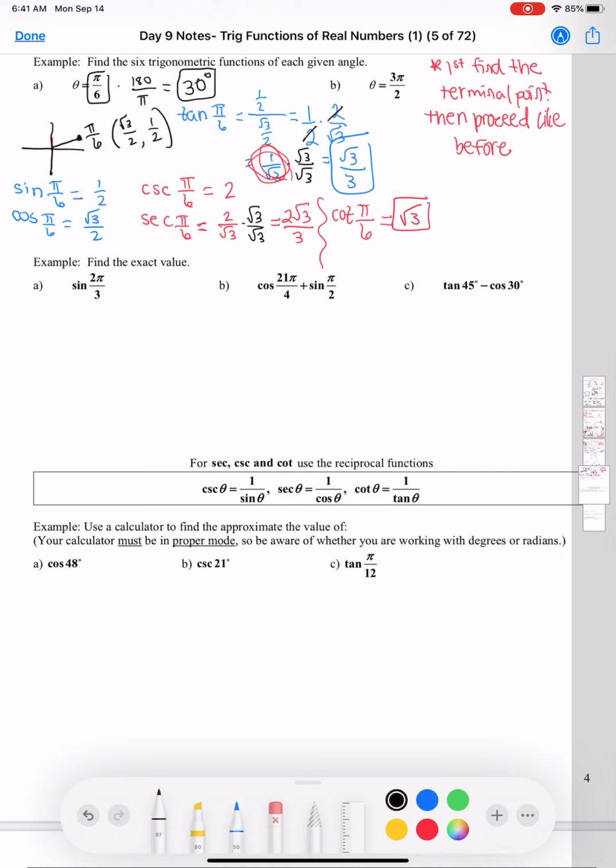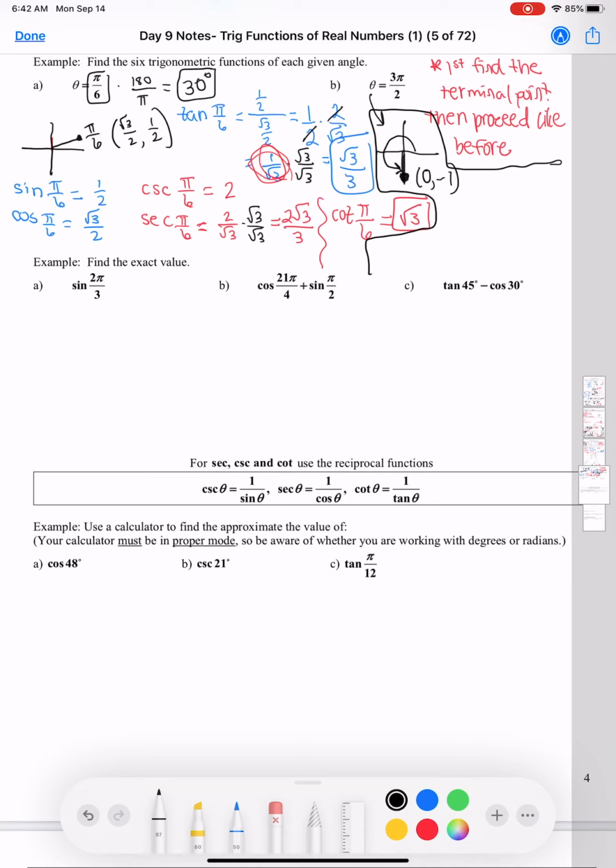So if we're looking at our unit circle, so I'm doing part B. So 3 pi over 2 on the unit circle, that would actually be my axis down here. So I'm looking for that terminal point, and that's going to be 0, -1. So in other words, cosine of this angle is 0, sine of the angle is -1.